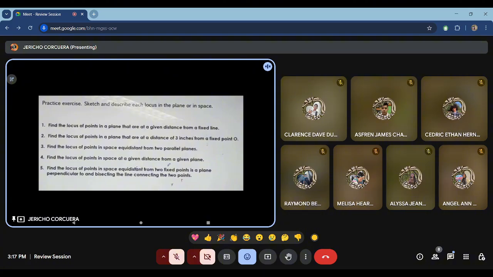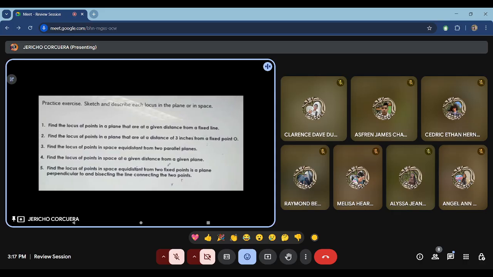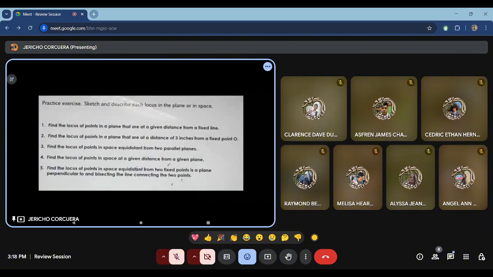Okay, let's do this. You know this one already, I guess. The locus of points in a plane that are a given distance from a fixed line.